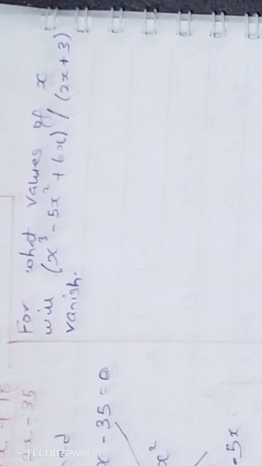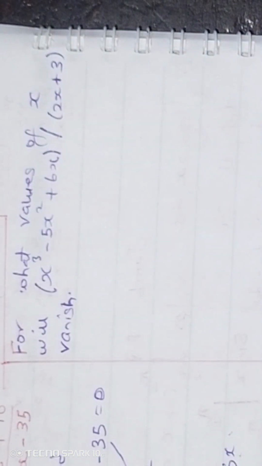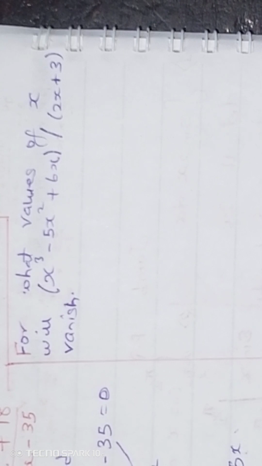I have another form of question where the question is, for what values of x will this fraction vanish? If you look at it from your recent knowledge of mathematics, when you divide 0 by a number, no matter how big the number is, your answer will be 0, which means the number has vanished.